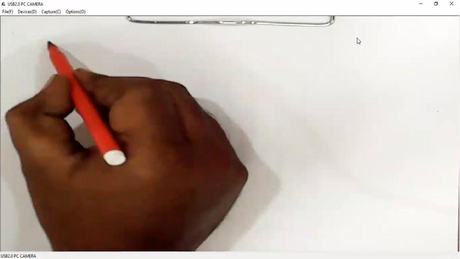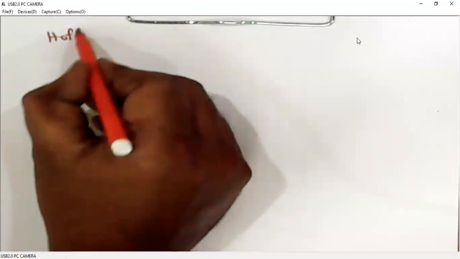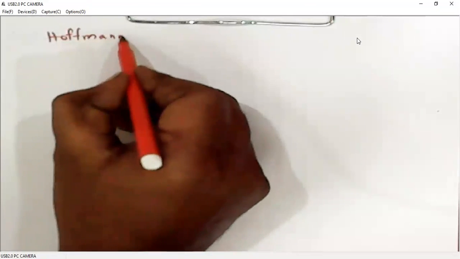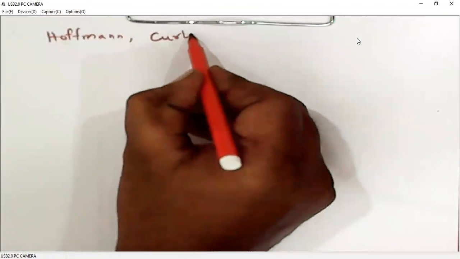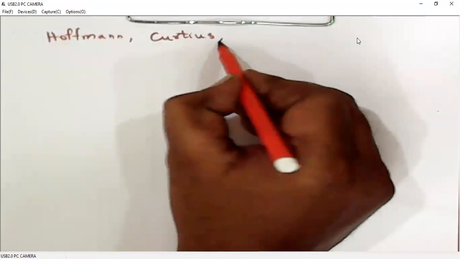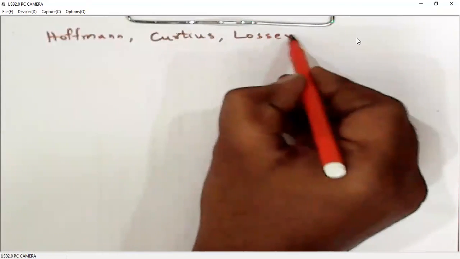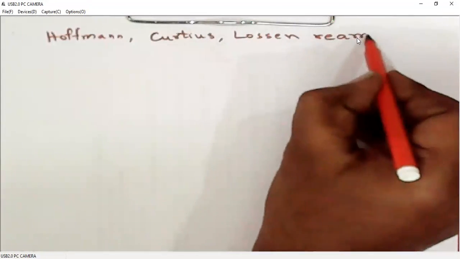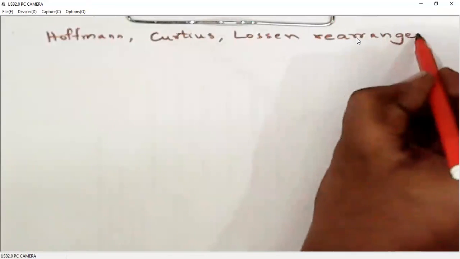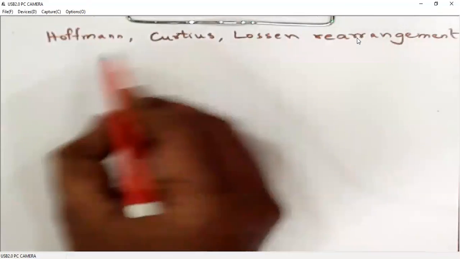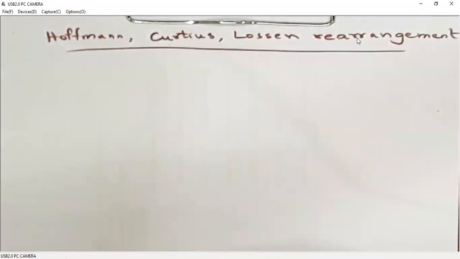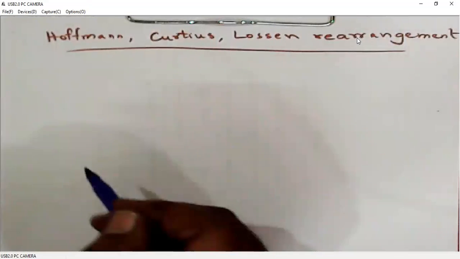Now we will see Hofmann, Curtius, Lossen rearrangements. These are similar to each other, so we will read them together so that we can easily understand the differences.